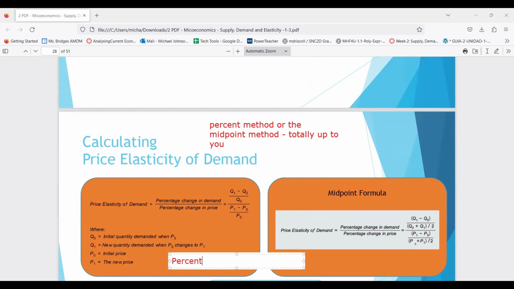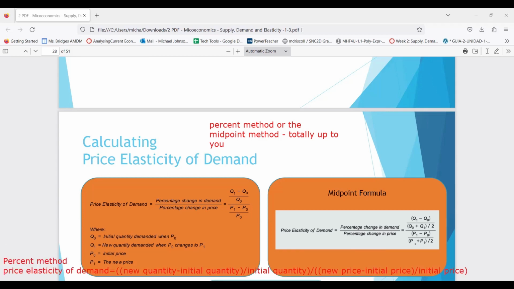So for the percent method, you would do price elasticity of demand equals new quantity minus initial quantity, divided by initial quantity, divided by new price minus initial price, divided by initial price. So that's how you do the price elasticity of demand calculation.